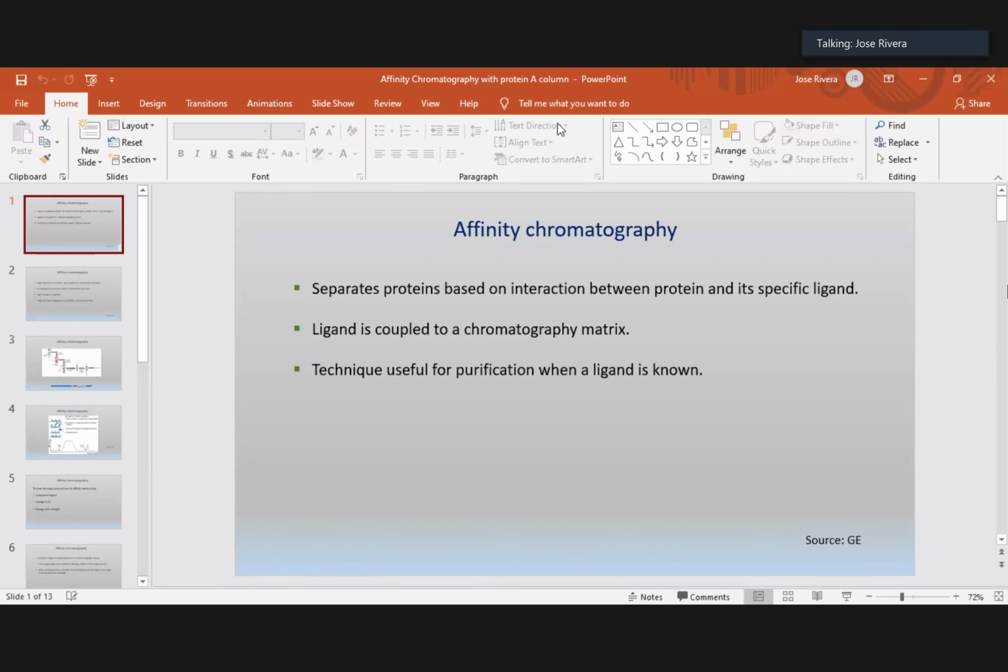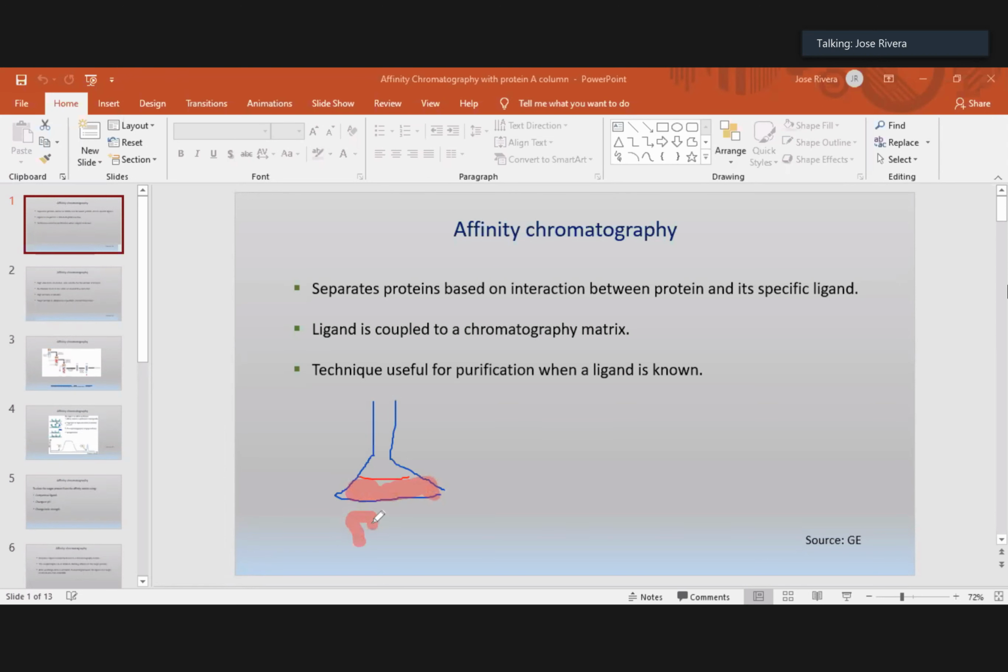Let's say we look at the blood, or rather the serum. What kind of proteins does the blood have?